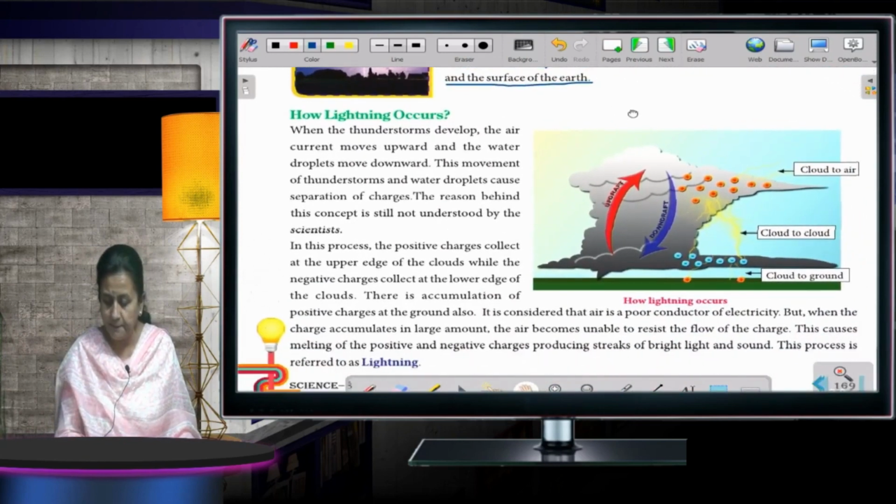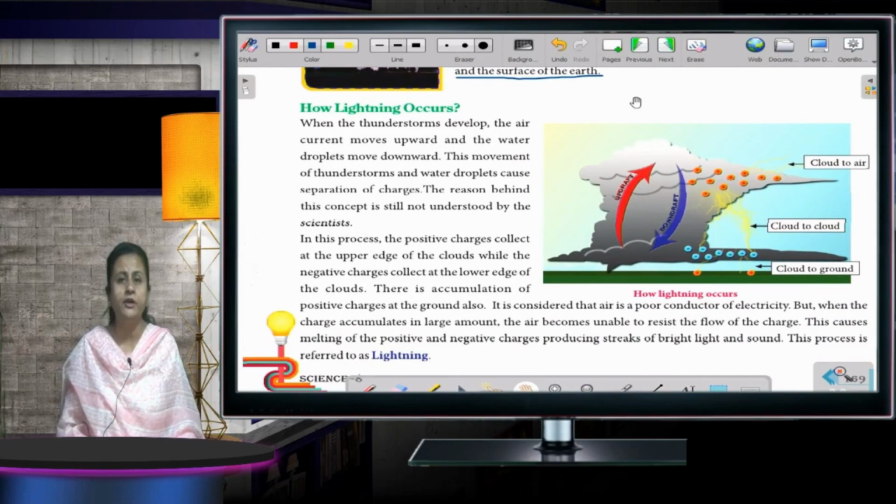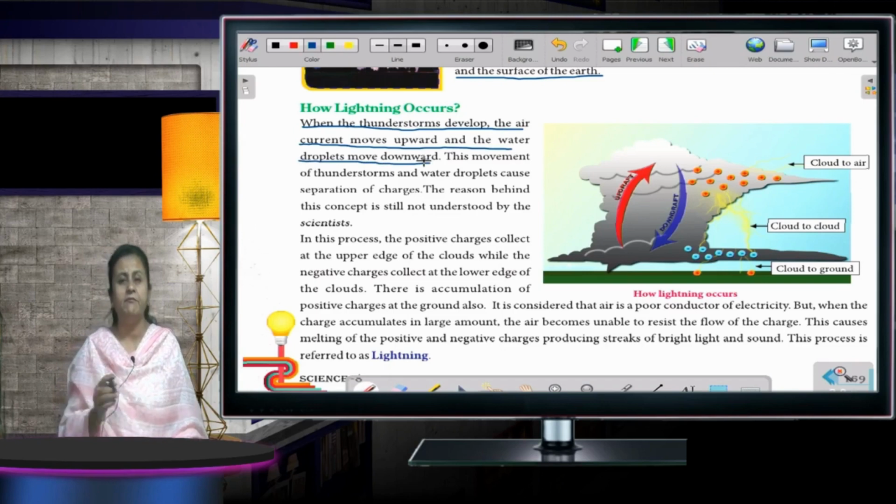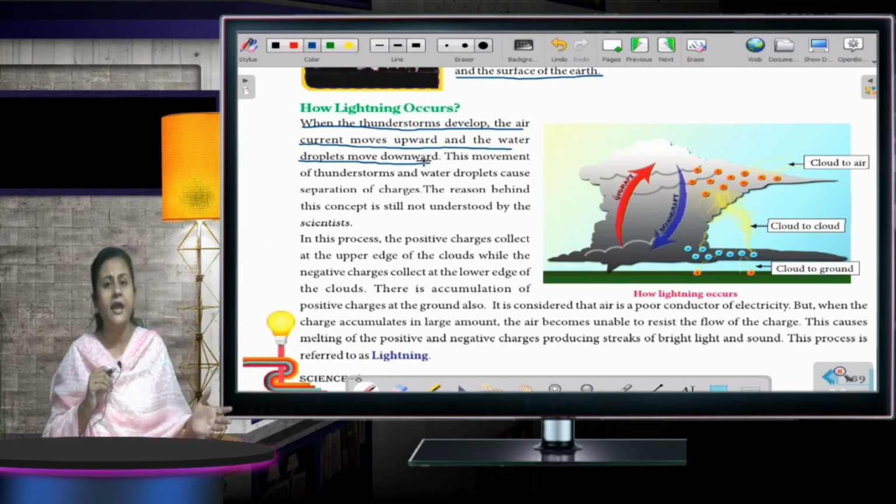Here you can see, I'm going to read it out for you. When a thunderstorm develops, the air current moves upward and the water droplets move downward. Whenever the thunderstorm is there, the air current starts moving upward and the water droplets start moving downward.